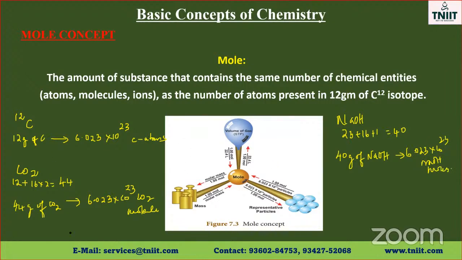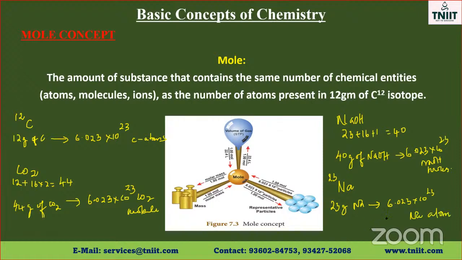Now, if we take an element, the sodium metal as such, the atomic mass of sodium is 23. 23 grams of sodium also contains 6.023 into 10 to the power 23 sodium atoms.